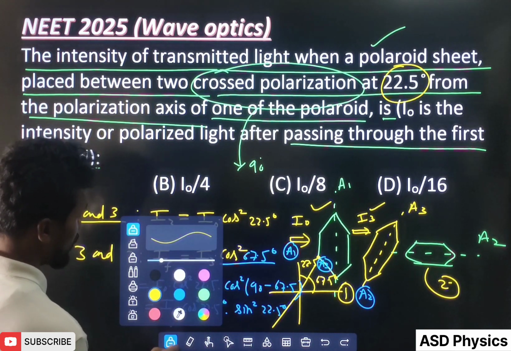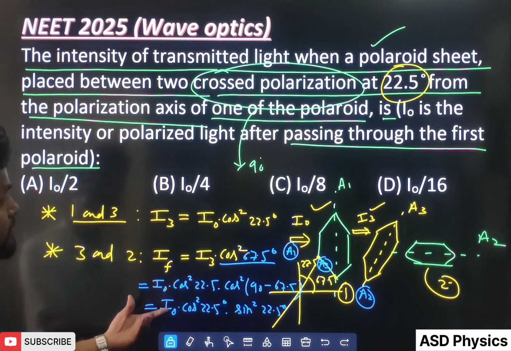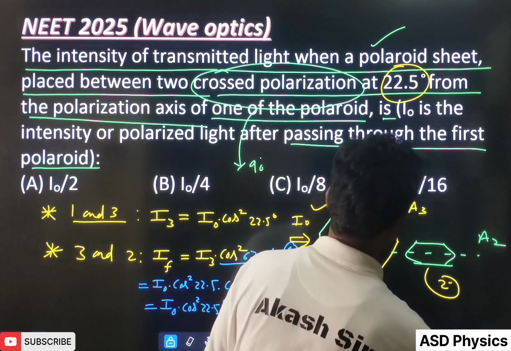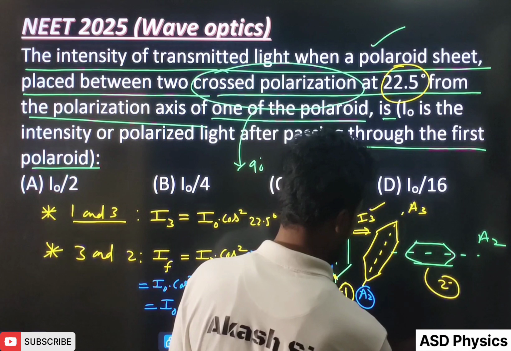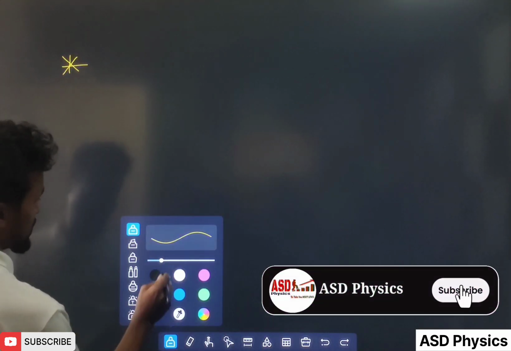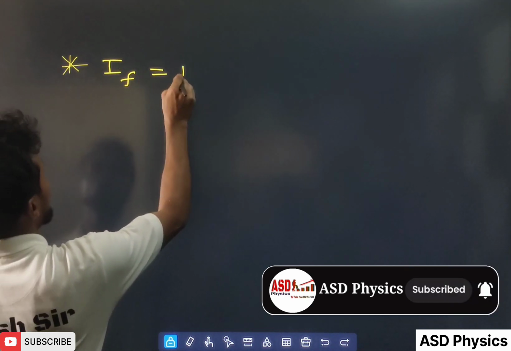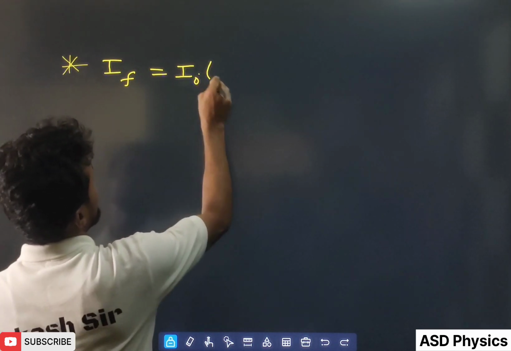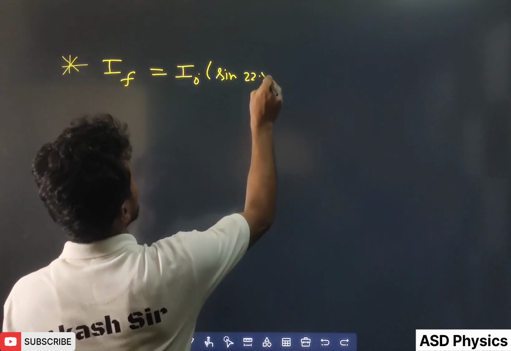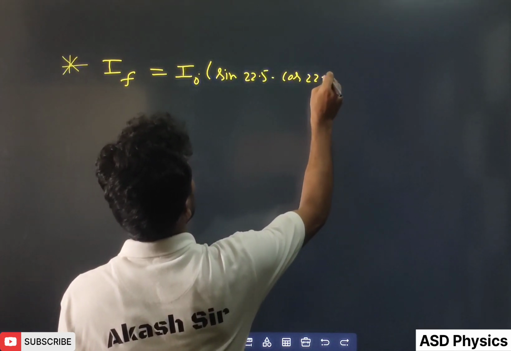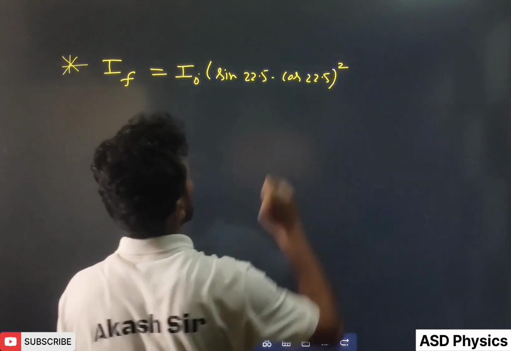Okay. Now after that, what will happen here, students? So this I final will become here I0 into sin 22.5 into cos 22.5 whole square.